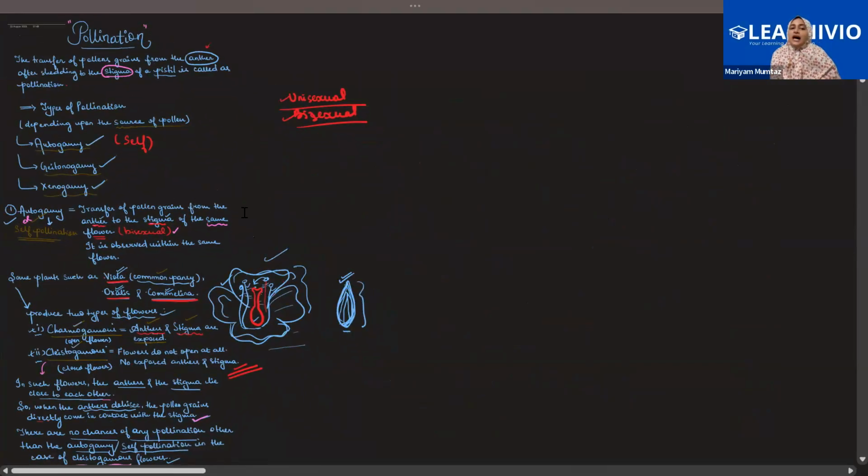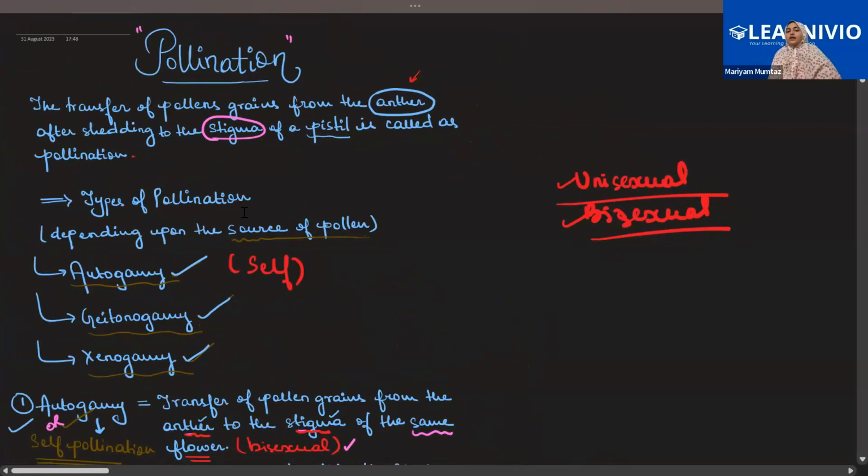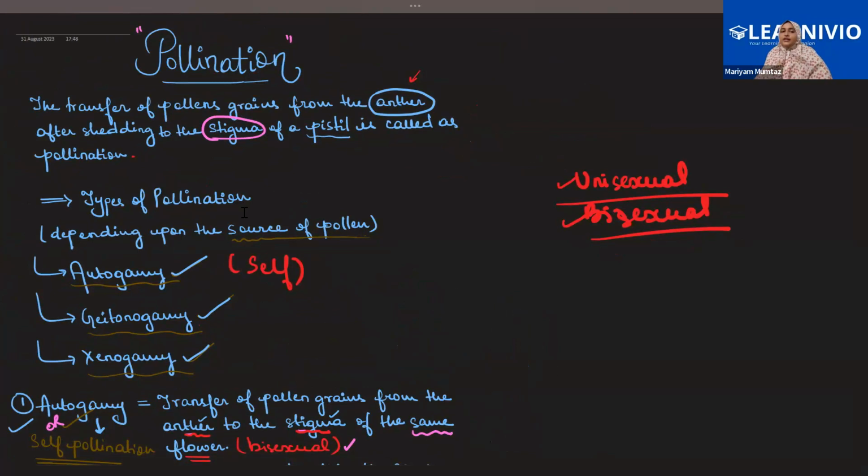Now, for seeing how the gamete gets transferred, there is a proper process, which we call pollination. Pollination is a process in which the pollen grains from the anther get transferred to the stigma of the pistil.